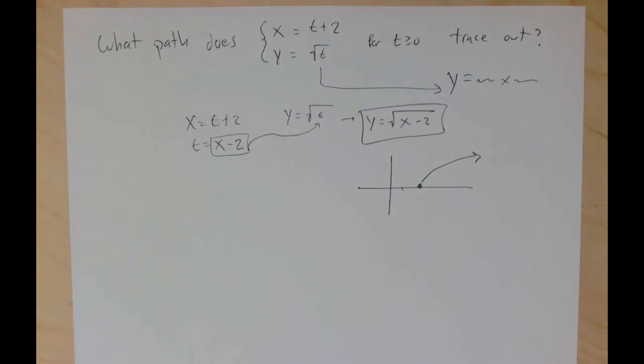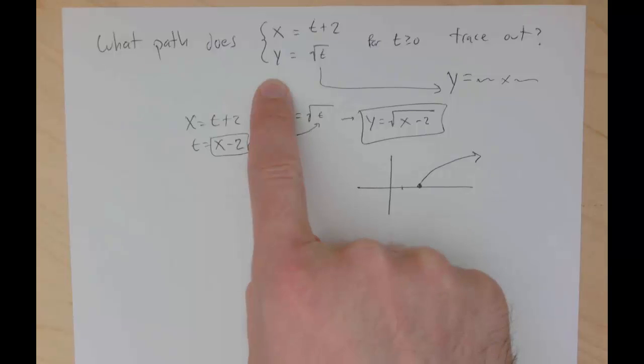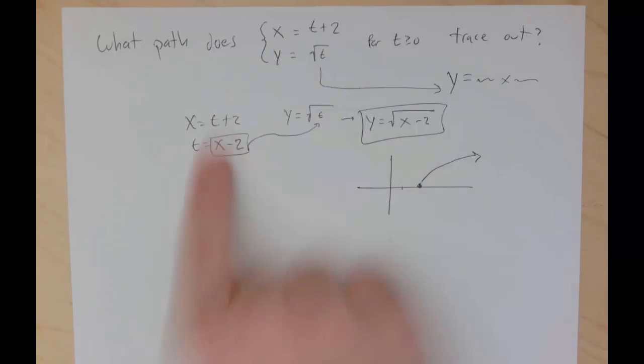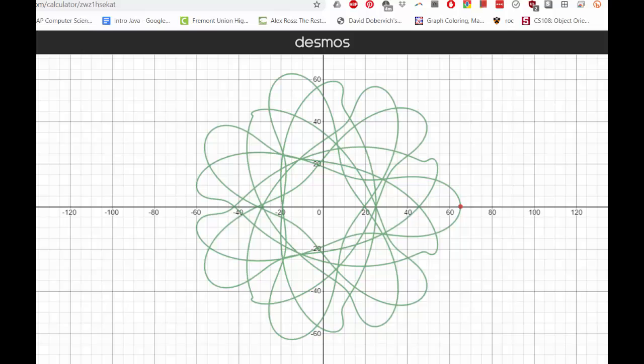So that process is called eliminating the parameter, and we'll do a couple of them. But really what makes parametrically defined equations so special is they'll let you describe paths that would be very, very difficult to describe in a rectangular way. For most of the interesting parametric equations we're going to be working with, if you try this process, you're going to end up in an algebraic mess, because you're trying to describe a graph that looks like this.